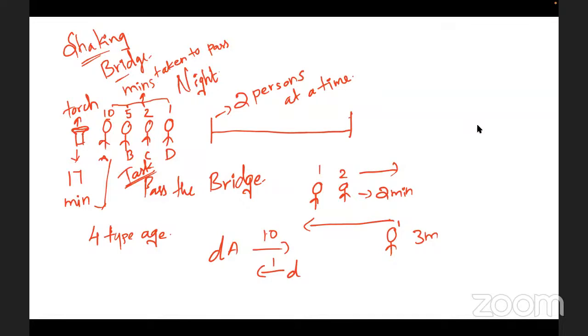Okay, 1 minute and 2 minute person will go first. 1 minute will return. Now 10 minutes and 5 minutes will go next. 2 minutes will return. Okay, so let's see how it works. D and C pass the bridge without light. Without light, you can't pass the bridge, sir.